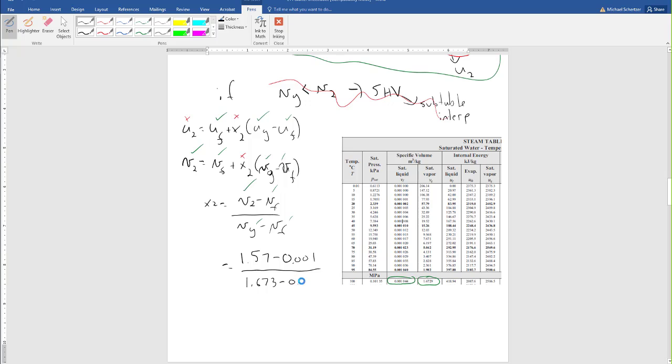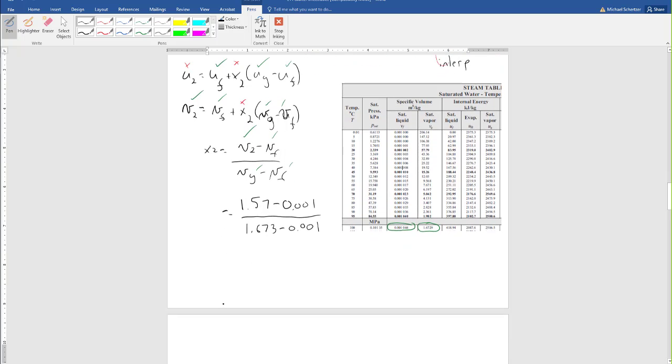If I was going really fast on an exam, I might just take 1.57 divided by 1.673 because this is basically going to be the same number.